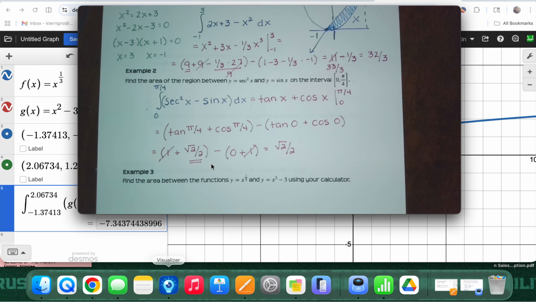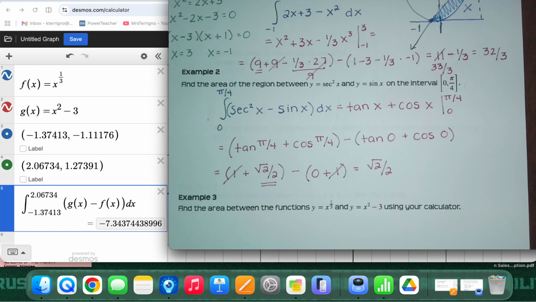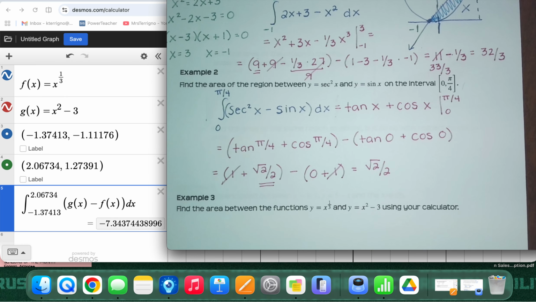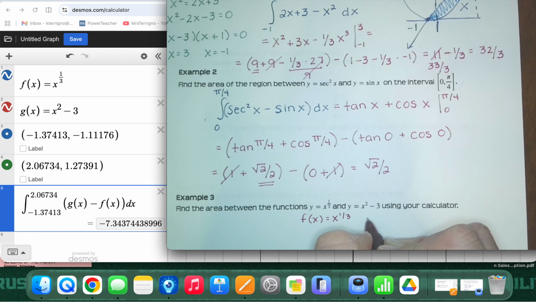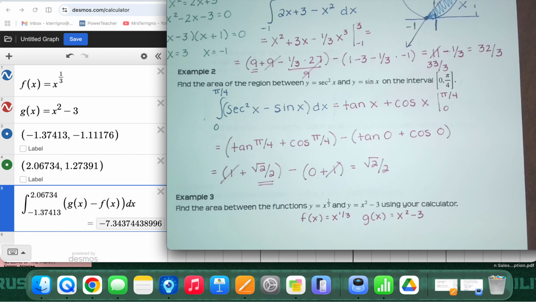Let me go back to our video here and show you how I would write this down. I would probably start by defining f of x is x to the 1/3, and g of x is x squared minus 3. From there on out, for the rest of this problem, I'm just going to refer to these as f and g.